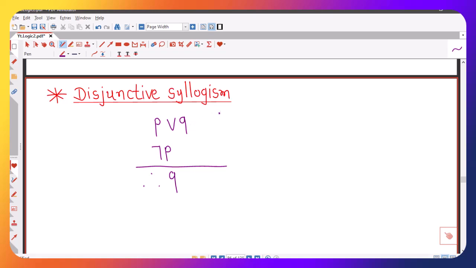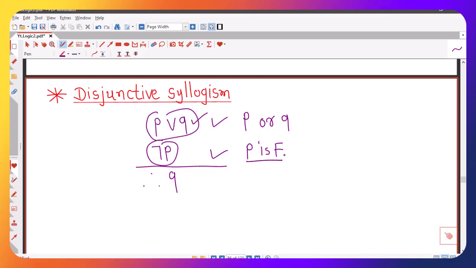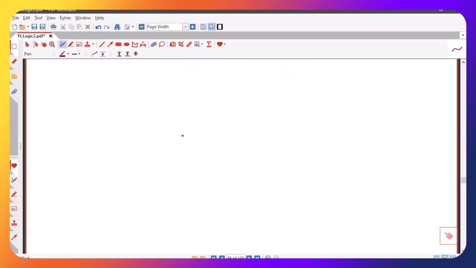Suppose these two premises are true. Now this is true, that means either p is true or q is true. And here I have negation of p, that is p is not true or p is false. And this premise is true, and here p is false, therefore we must have q as true conclusion. So this is disjunctive syllogism.